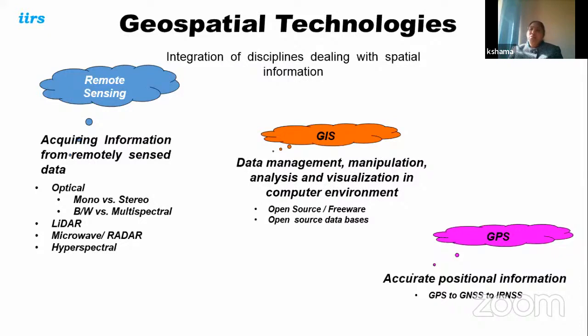Like there is Galileo by Europe, and GLONASS is Russia's. And India also has one, known as IRNSS, the Indian Regional Navigation Satellite System. Now India has its own navigation system, and over a period of time, in the coming years, you will get an IRNSS chip even in your mobile, so you will be able to get locational information using IRNSS.